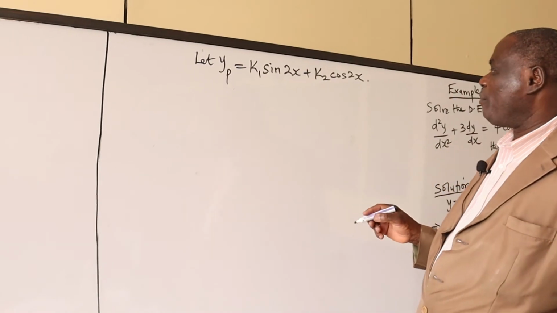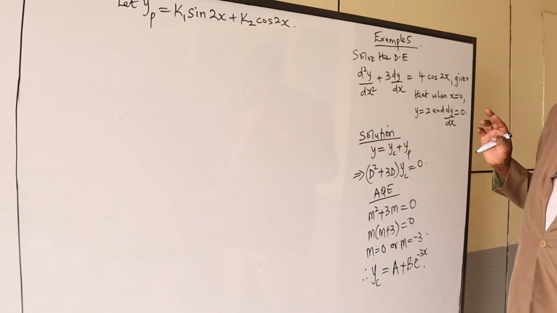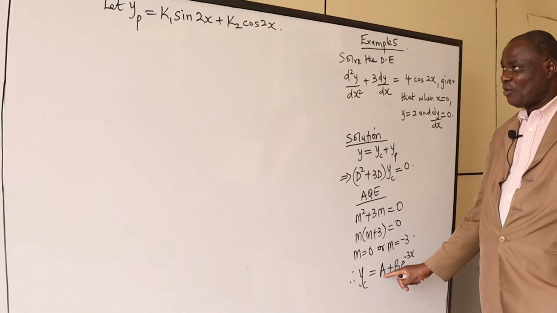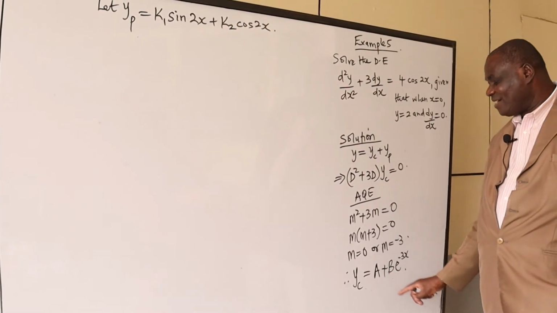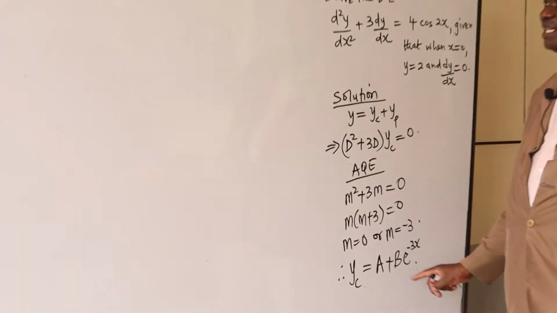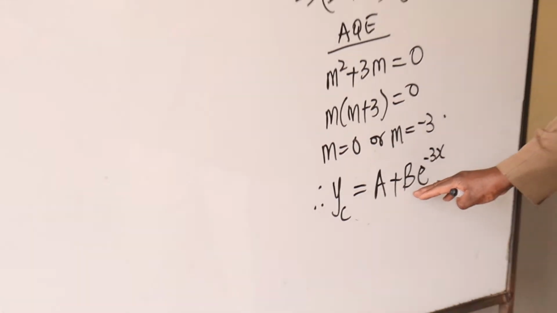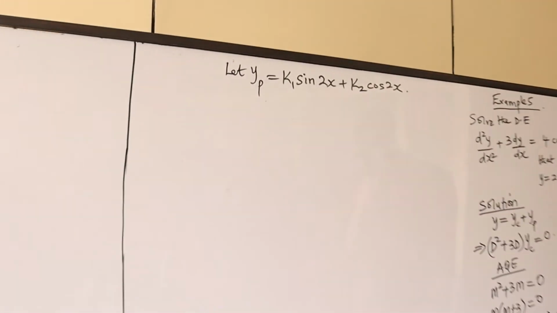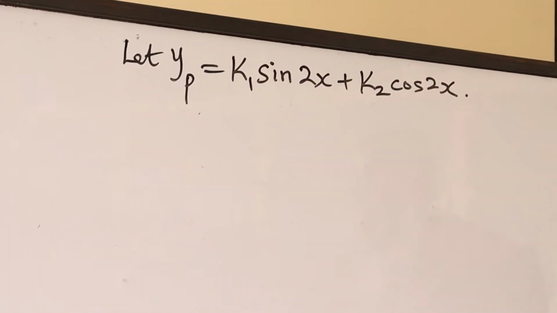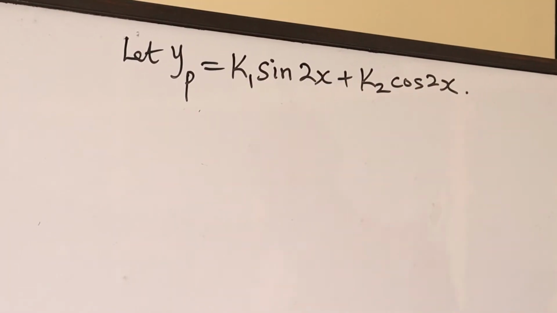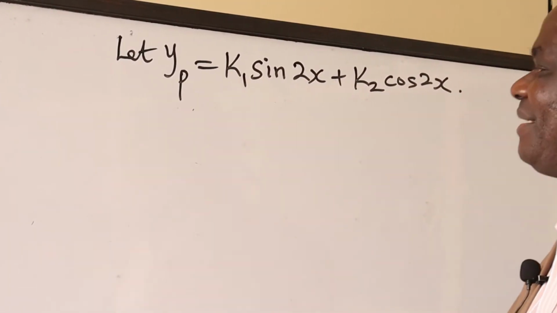Now we check our complementary function. Our complementary function does not have a constant multiplying sine 2x or cos 2x. So whatever we have there is quite different from what we have here. So that would be the valid form for our particular integral.